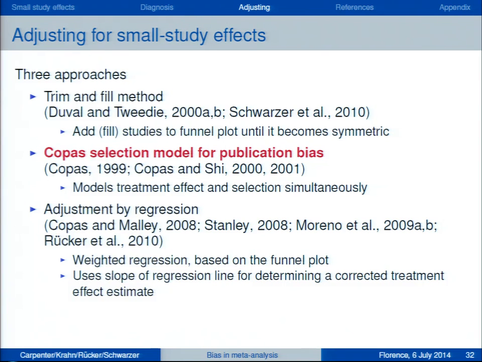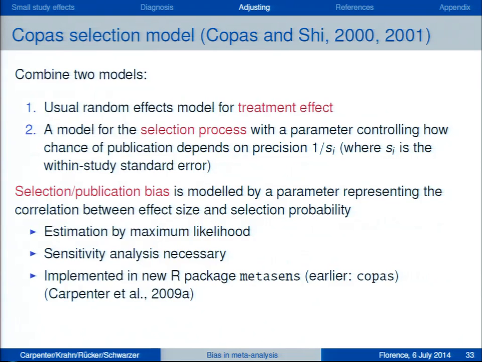So the Copas selection model is the most complex of these models. I will skip the model slide. That's the next one, of course. Yes, that might be of interest because there is a hint to the package. So the Copas selection model is very complex, but it is possible to do it in R using the meta package Guido Schwarzer has mentioned before.